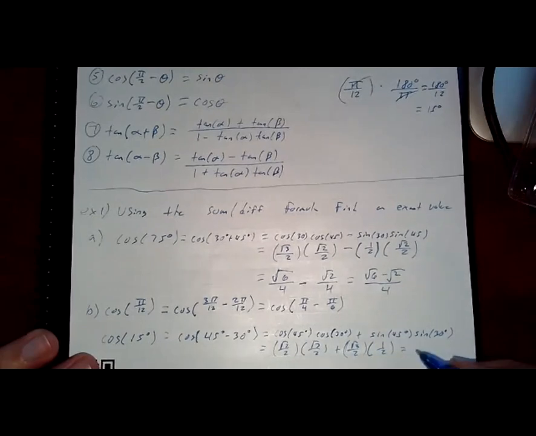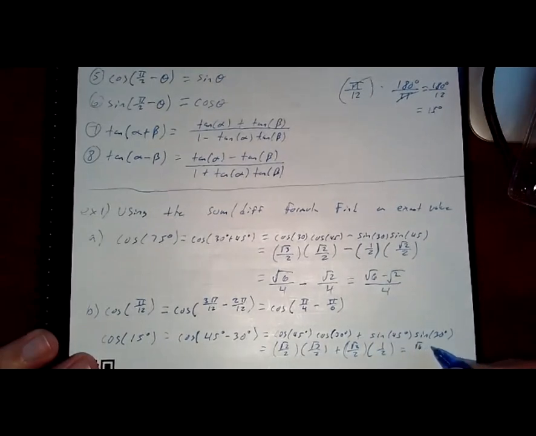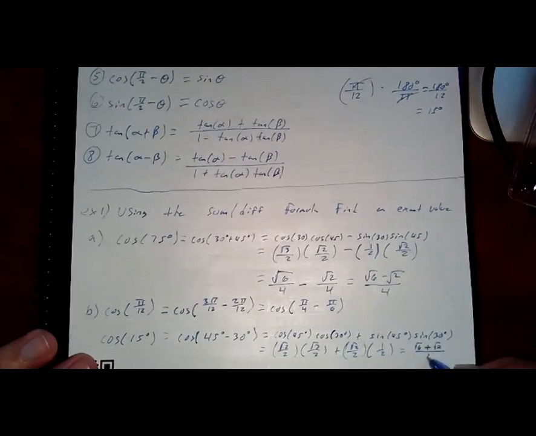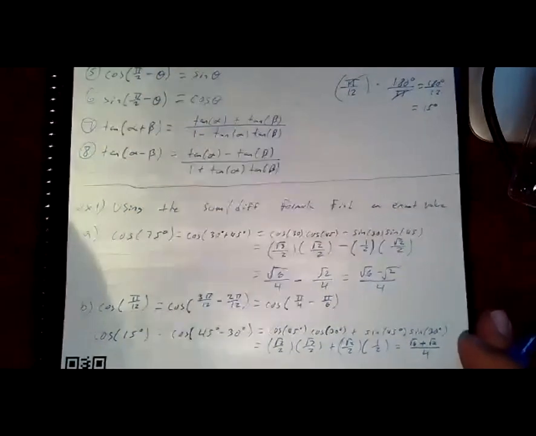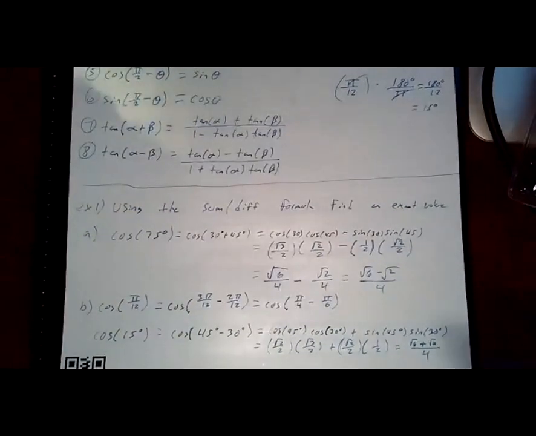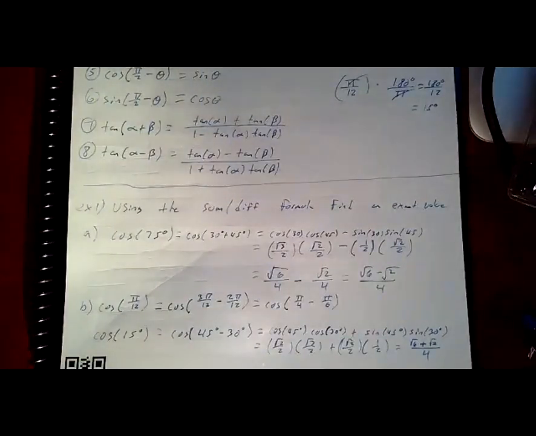That will give us square root 6 plus square root 2 over 4. So similar to the last question, except it's plus. They were both cosine, so anyway.